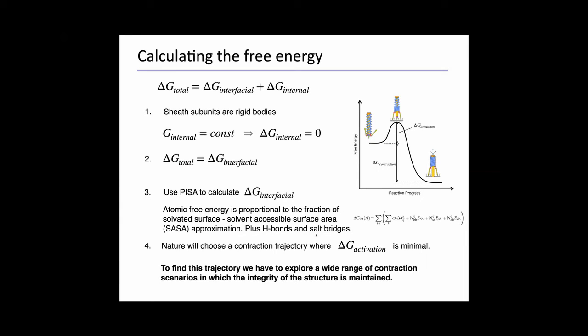We take it into account, but we use this solvent accessible surface area approximation. That's the only way for us to calculate the free energy for a structure of this size. Now, the actual trajectory will be such that the activation energy is minimal. So that's how free energy works for this spontaneous process.